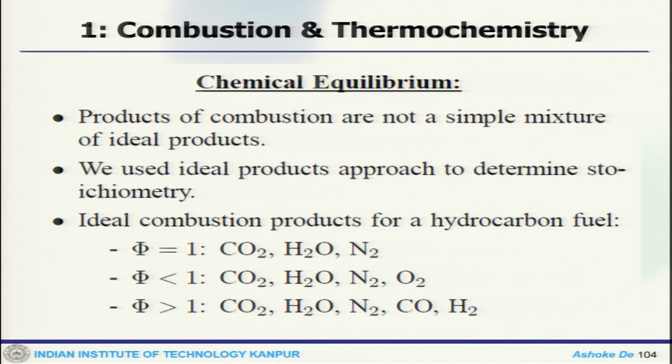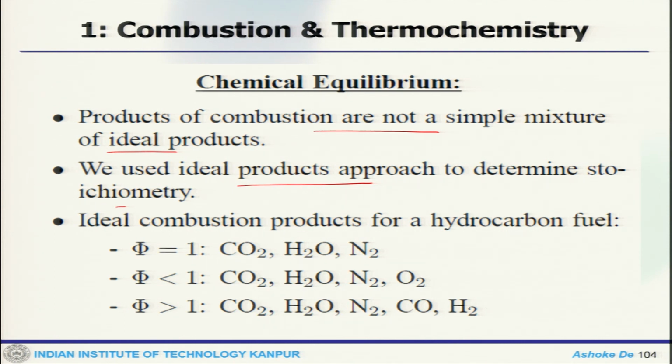Now, we move to chemical equilibrium. What one can note here is that the products of combustion are not a simple mixture of ideal products. So, we can use the standard ideal products approach to determine the stoichiometry. For example, when methane burns with air, you get CO2, H2O and excess nitrogen, and that is the standard ideal product that you use.